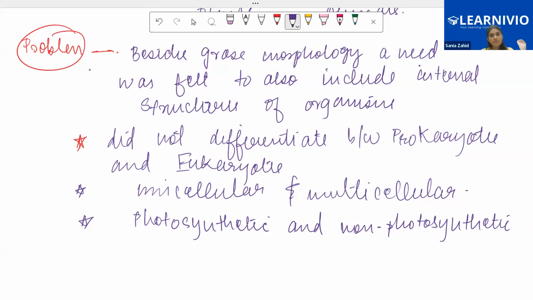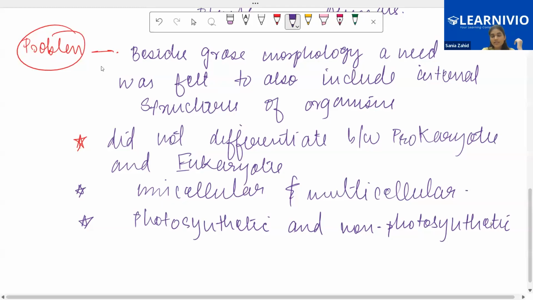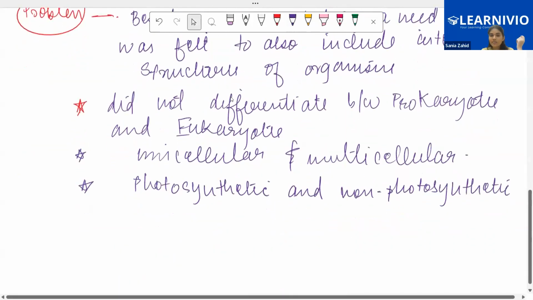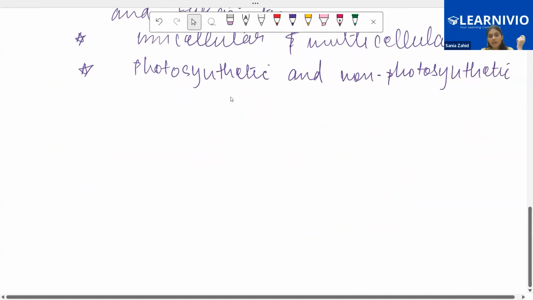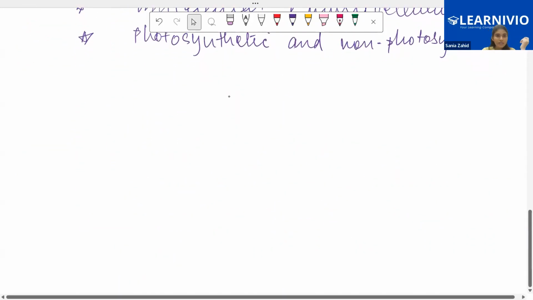So this is the major difference between prokaryotes and eukaryotes. So now you cannot place a prokaryotic organism with a eukaryotic organism, but Linnaeus made all of these mistakes in his classification system. So again, Linnaeus' system was discarded.